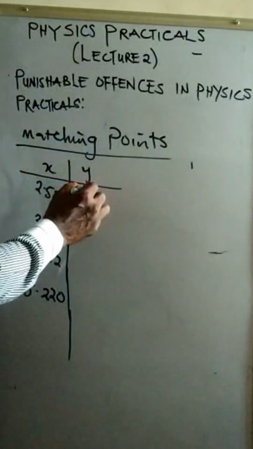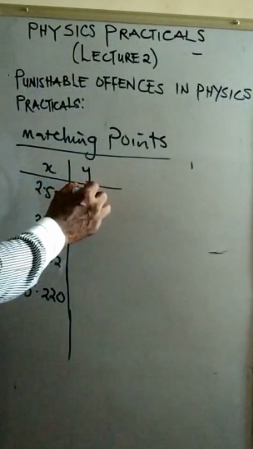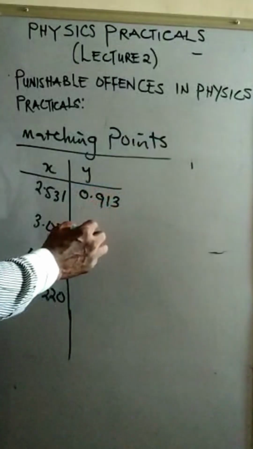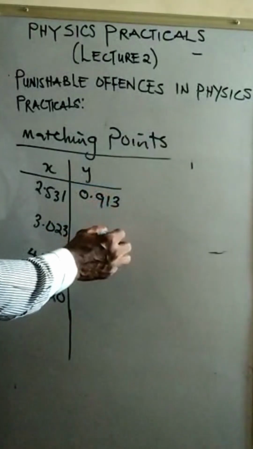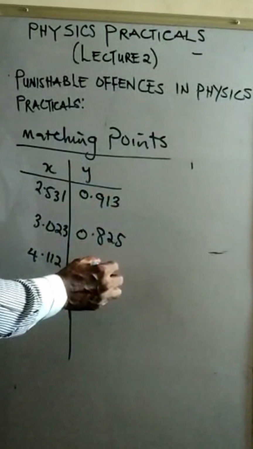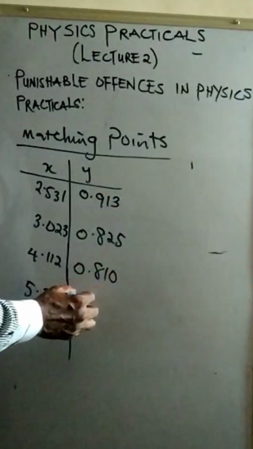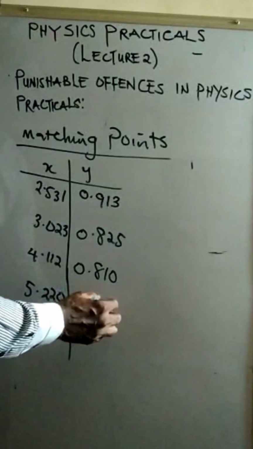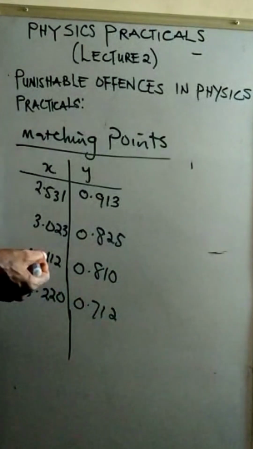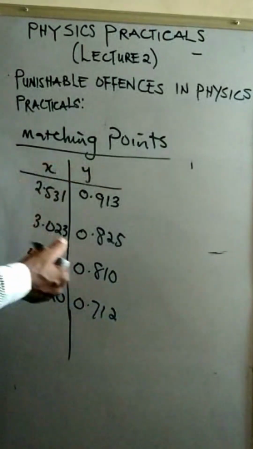Let's say the corresponding values of y are 0.913, 0.825, 0.810, and then 0.72 this way. Now you are asked to plot x against y.